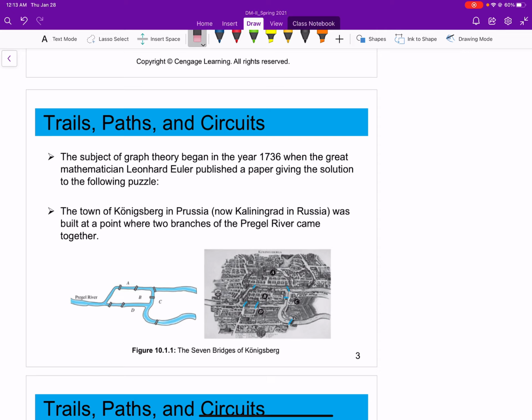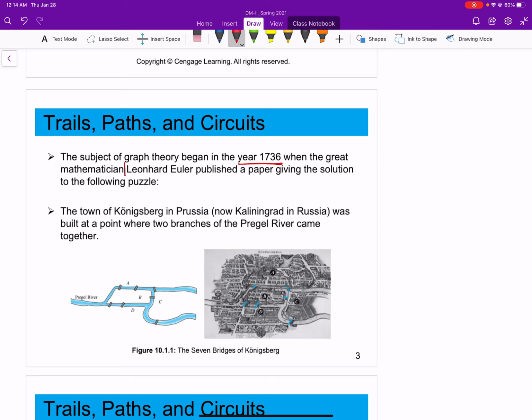The subject of graph theory began in the year 1736, when the great mathematician Leonhard Euler published a paper giving the solution to the following puzzle.